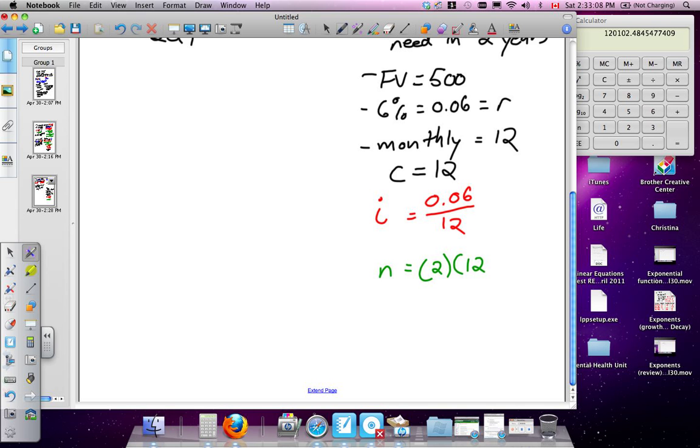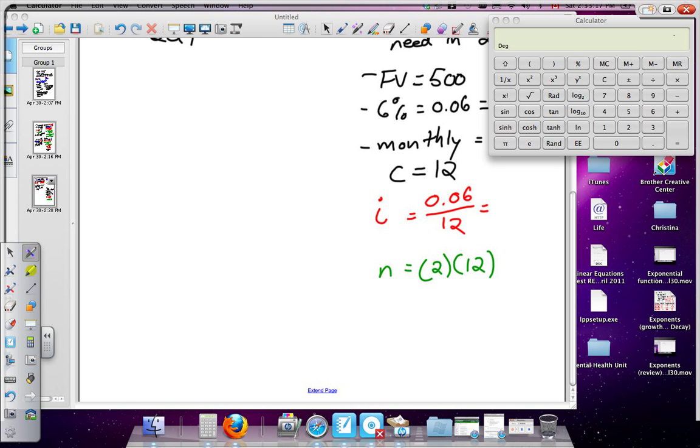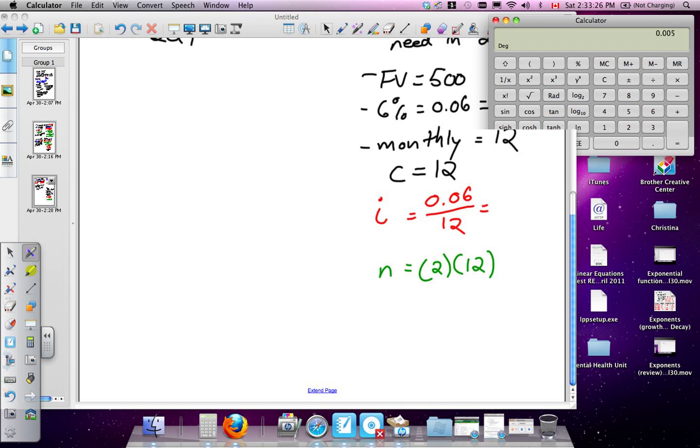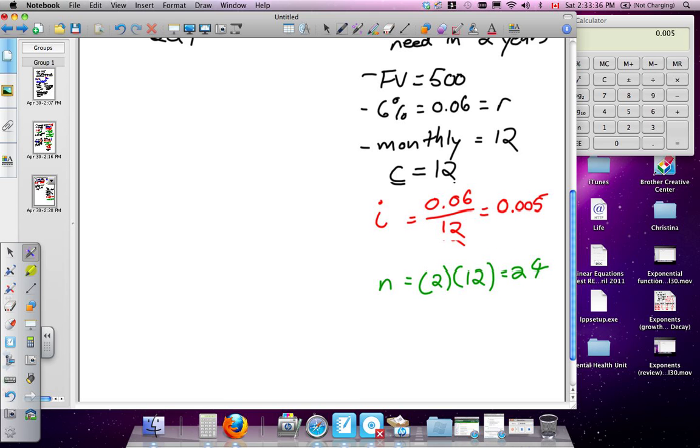So let's actually solve for those right now. 0.06 divided by 12, what's it equal? 0.005. And our other one is going to be 24. So we found I and N. Perfect. And we have our future value. So let's plug it into that equation we had.